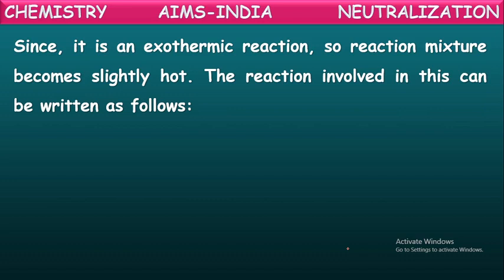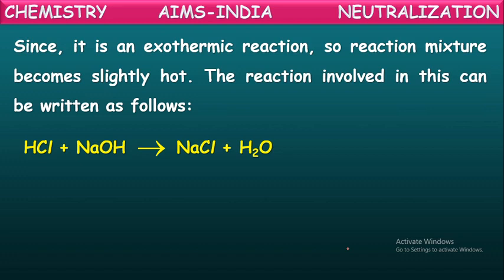The reaction involved in this can be written as follows. We can show it like this: HCl, which means hydrochloric acid, solution reacts with sodium hydroxide, which we write as NaOH. About these formulas we are going to learn in detail once again; for now just remember them.